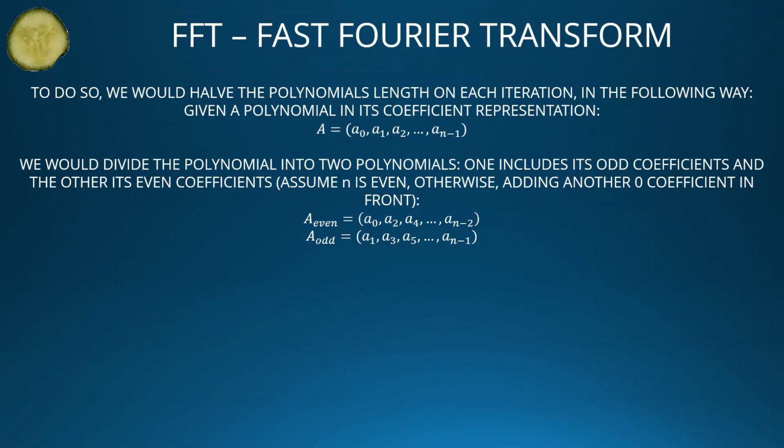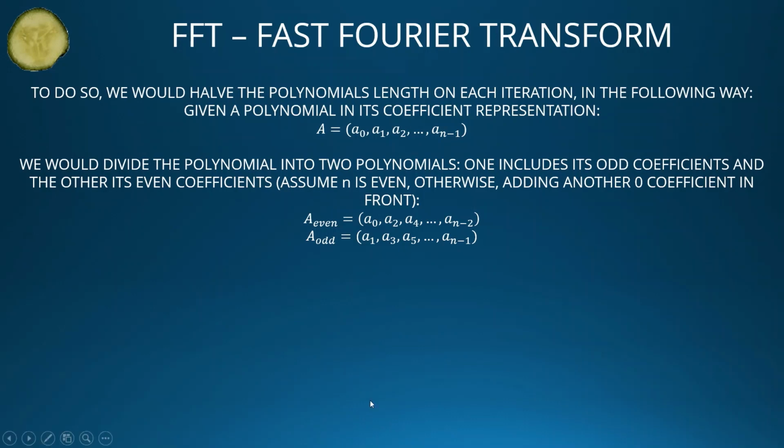Given a polynomial, its coefficient representation a equals a0, a1, a2 all the way to an-1, we would divide the polynomial into two polynomials. One includes its odd coefficients and the other its even coefficients. Assume n is even, otherwise add another 0 coefficient in front.